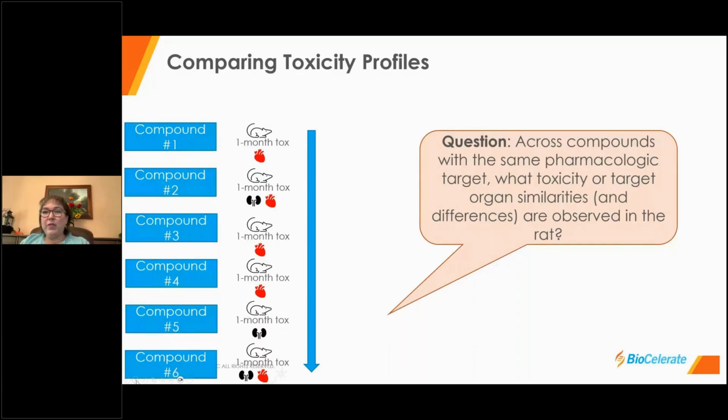So again, in this hypothetical example, you look at your 6 studies, and once again, you see that there's cardiovascular toxicity in pretty much all of these studies. Well, that may tell you something, but maybe compound number 5 is really interesting now because it doesn't seem to have that cardiovascular toxicity finding. So maybe you want to dive deeper into why that is. So again, pointing out the highlights of what is the same and what is different. Next slide, please.